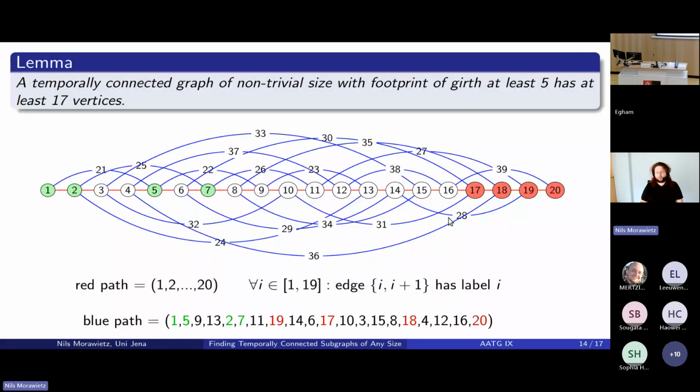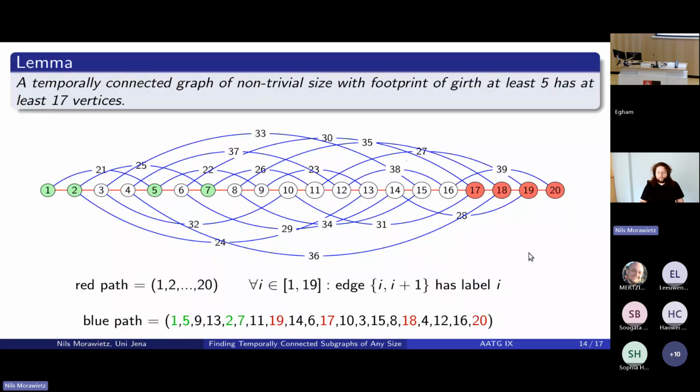Because if we have this property, this means taking any red vertex excludes all green ones, and taking any green one excludes all red ones, which means that the component can have size at most 16, but by the above lemma, it needs to have size at least 17.